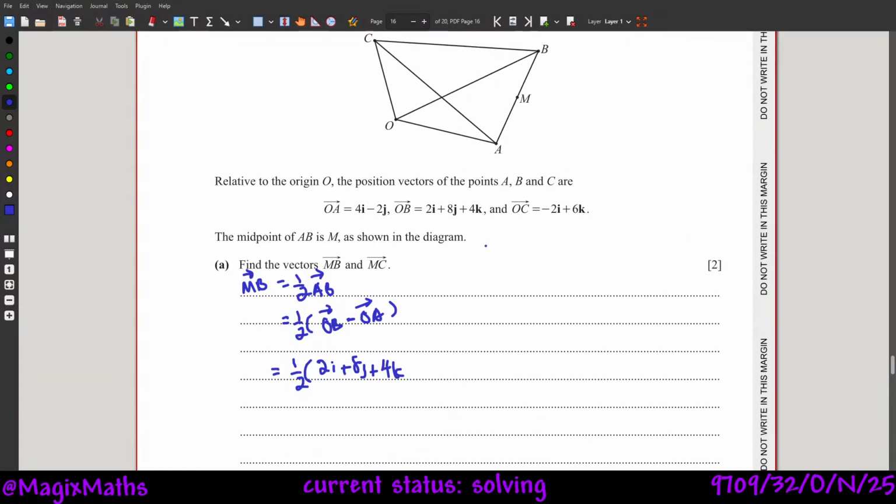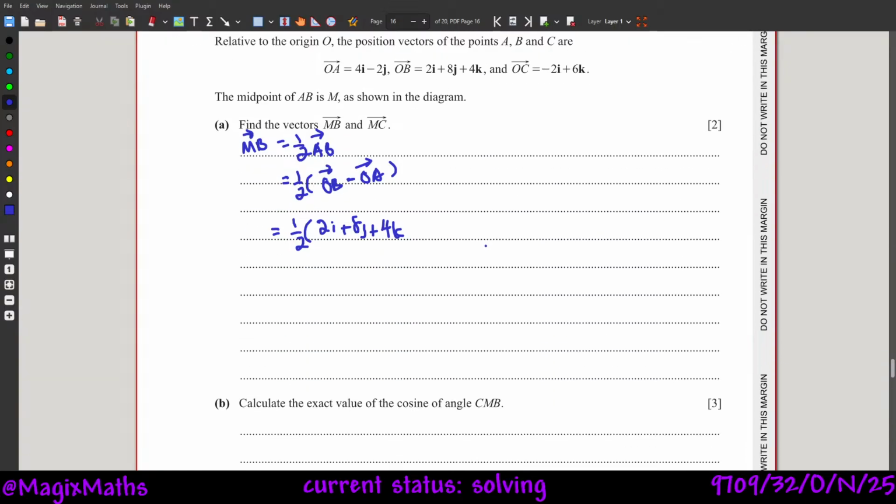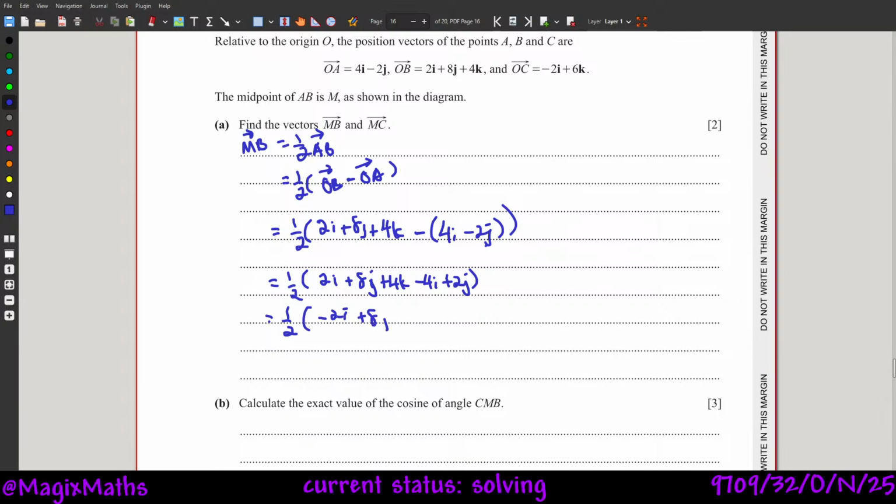Oh, it's a 3D thing, is it? Minus OA, for i: 2 minus 4 is negative 2i. And MC is the same.